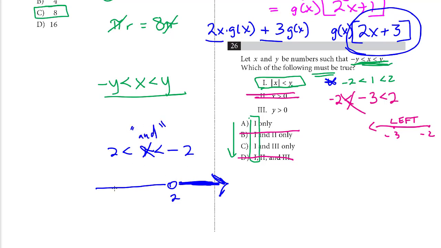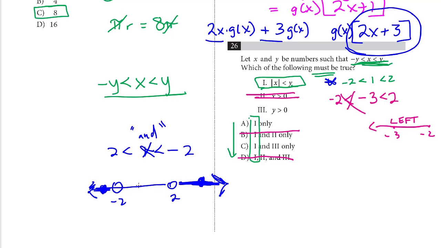Both inequalities must hold at the same time. It can't be less than negative 2. What point could possibly be here and here at the same time? Not possible. In fact, this can never be true. The counterexample of y negative can never be true.